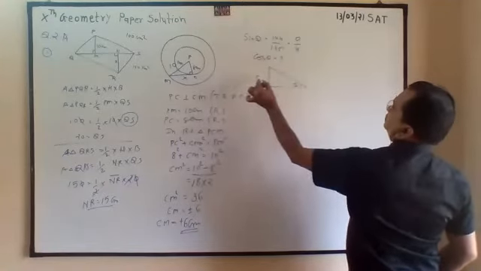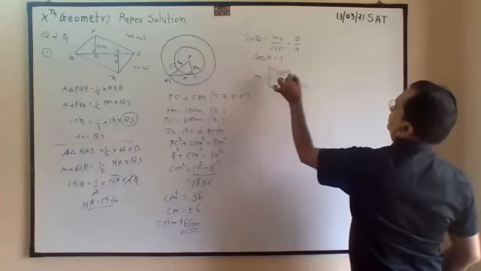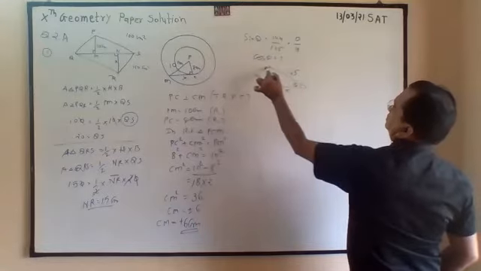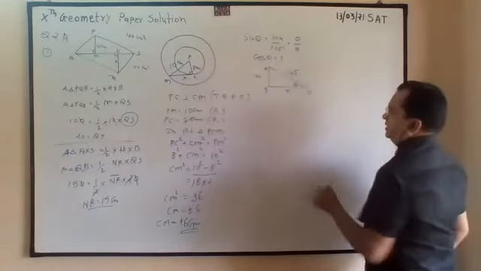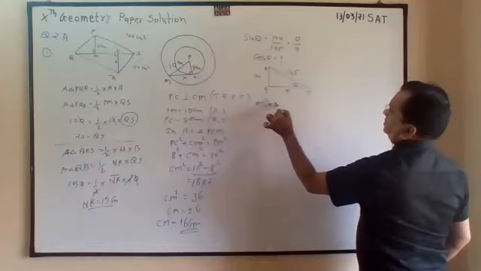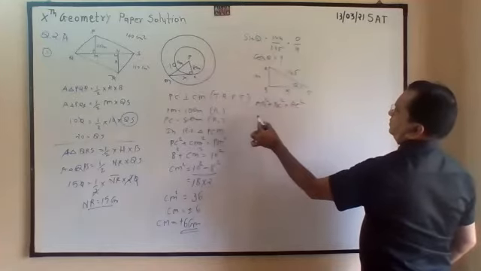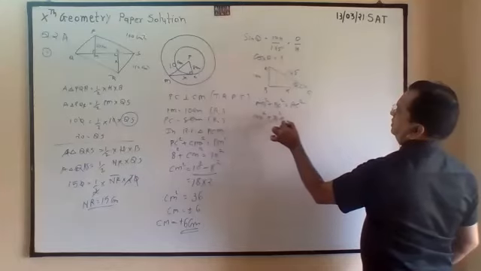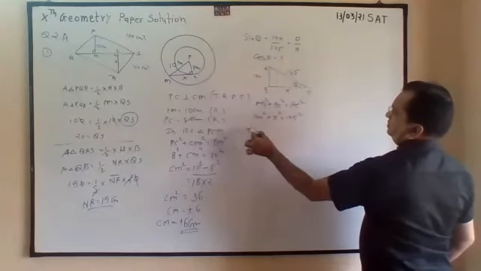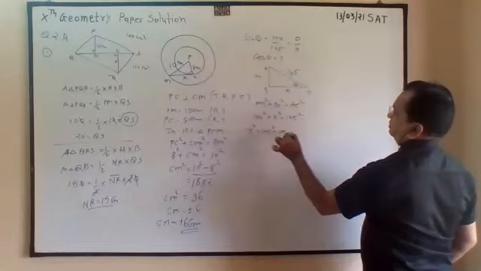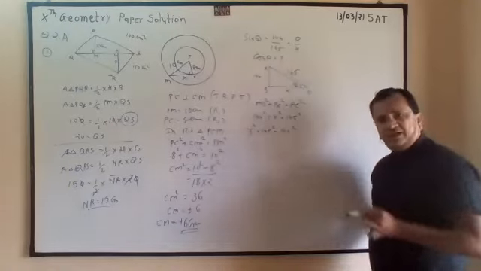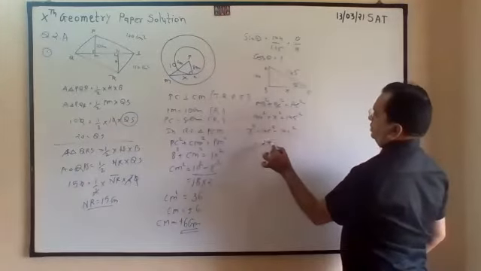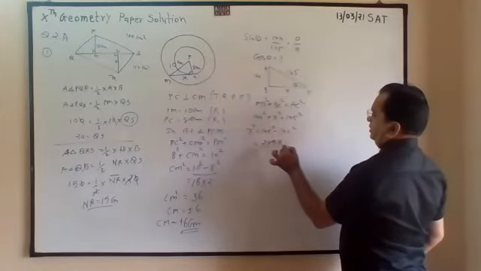Suppose the opposite is 144, the hypotenuse is 145, and this is x. AB square plus BC square is equal to AC square. So 144 square plus x square is equal to 145 square. So x square is equal to 145 square minus 144 square. Again, a square minus b square, one time plus, one time minus. So it is 289 into 1.